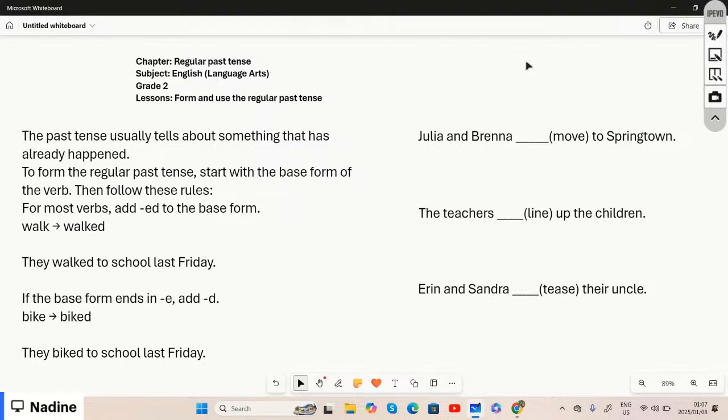It's to show that something had happened already. So we can say that the past tense usually tells us about something that has already happened.